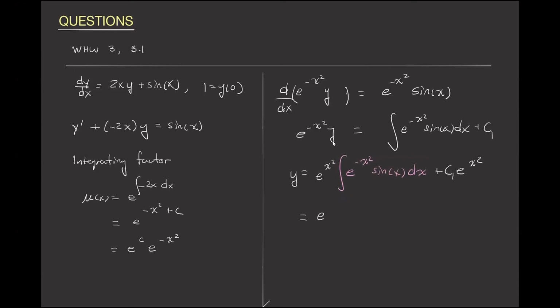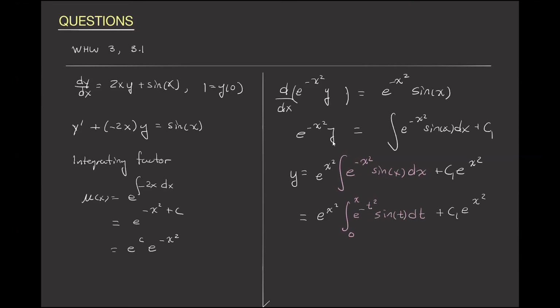You can rewrite it like so, where it is the integral from 0 to x of e to the negative t squared, changing the variable to any other variable but x and y, sine of t dt. It's just a different way to write that antiderivative, and then the rest of this will be the same.